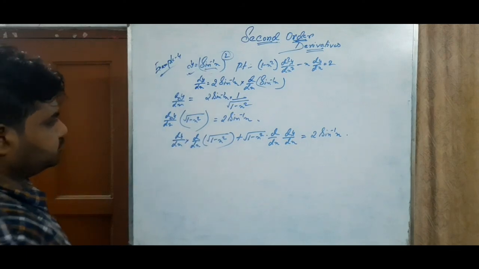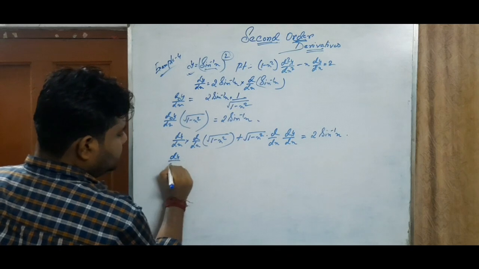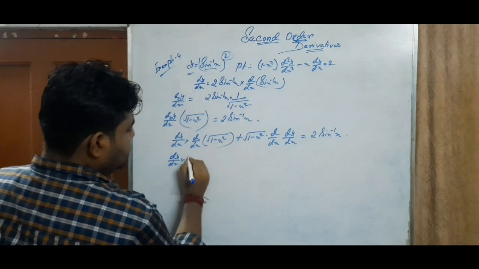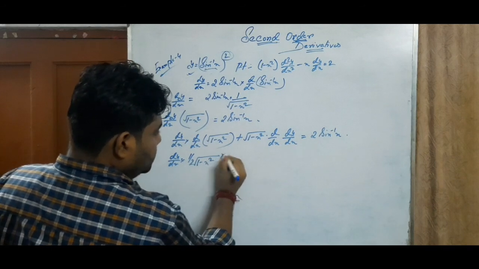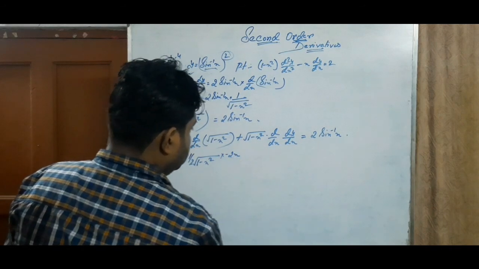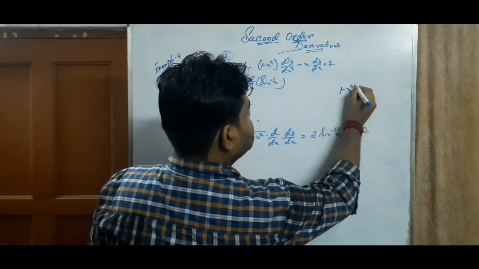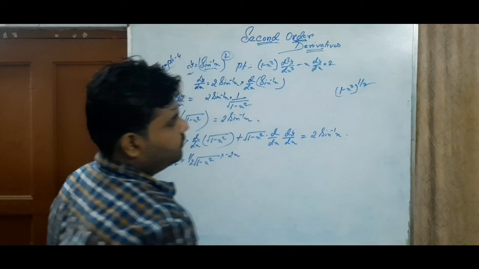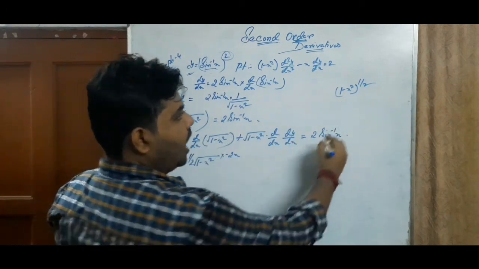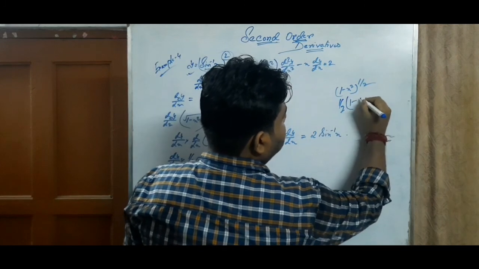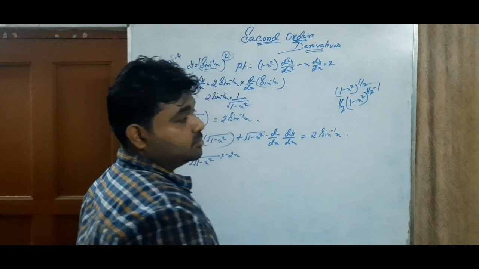Okay. Now ddx of that is half root over 1 minus of x square into minus 2x. That is, we can write (1 minus x square) whole to the power half. Now ddx of (1 minus x square) whole to the power half will be half into (1 minus x square) whole to the power half minus 1, that is minus half.